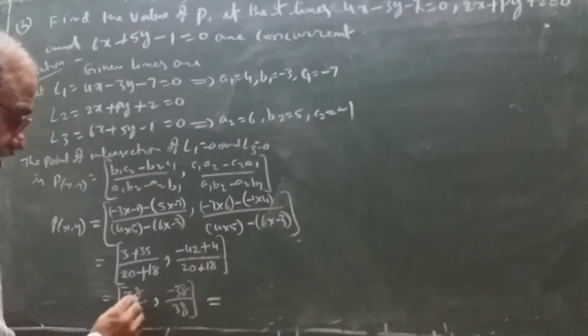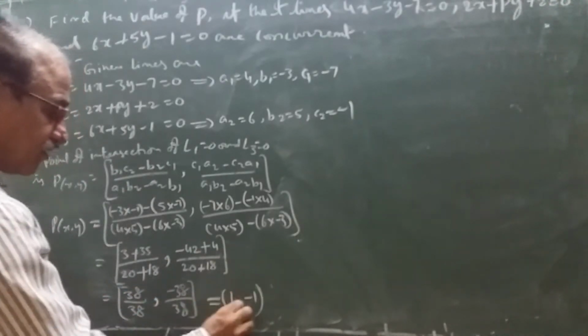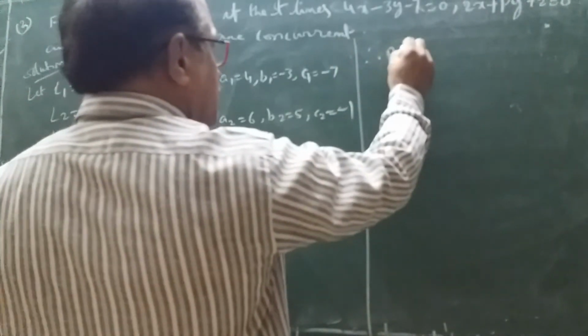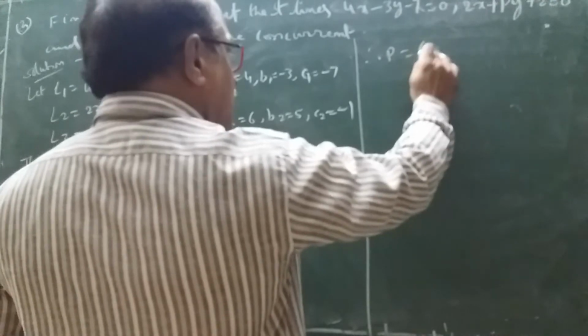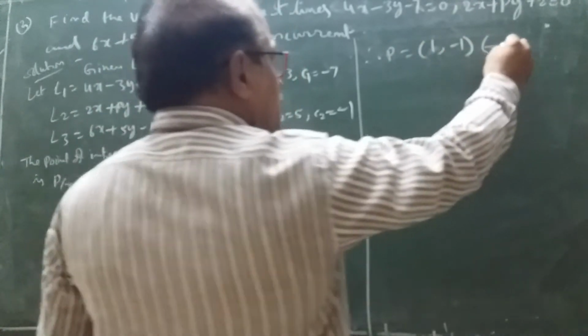This is nothing but 38 by 38, 1 comma 38 by minus 38. Therefore, the point of intersection P is equal to 1 comma minus 1, which belongs to L2.